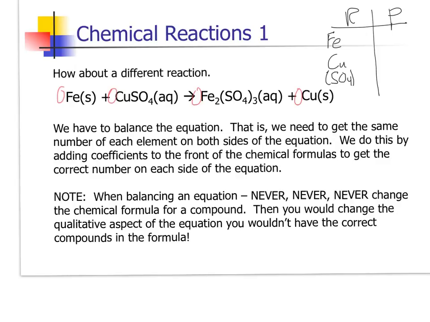I'm going to put it in parentheses so we can identify that it's the whole thing. I see that I have 1 iron on the reactant side and 2 on the product side. Copper is 1 and 1, but my sulfate is 1 and 3.